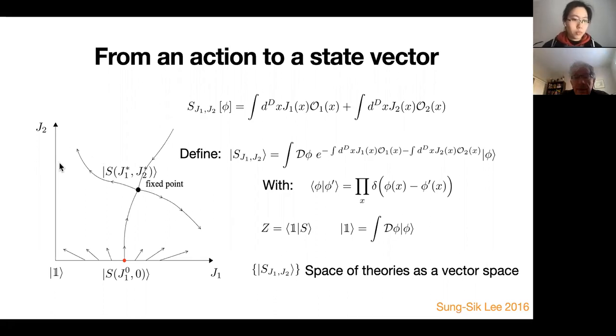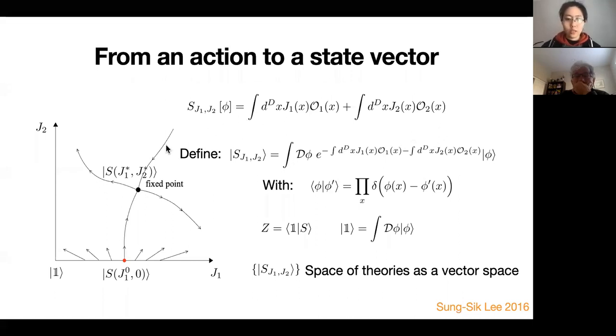In the coupling space, each point corresponds to a theory. It has an action, and the action has the fundamental field phi. So we first define an orthogonal basis labeled by this fundamental field phi. Then the vector corresponding to any action can be written as a superposition of those bases weighted by the Boltzmann weight.